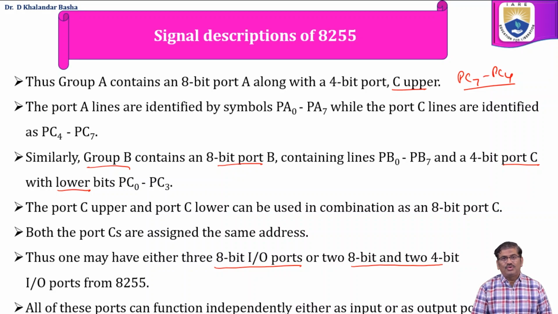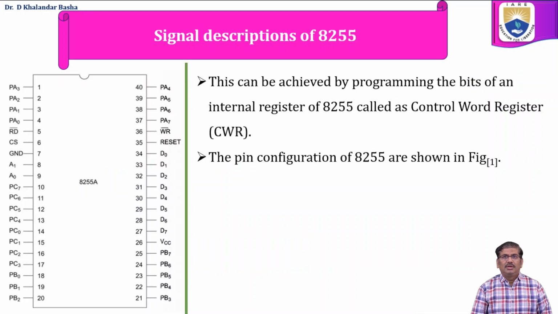All of these ports can function independently either as input port or output port. Programming a particular port either as an input port or output port can be achieved by programming the bits of an internal register of 8255, which we call the control word register.